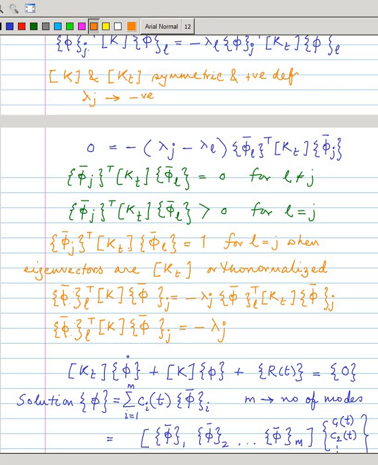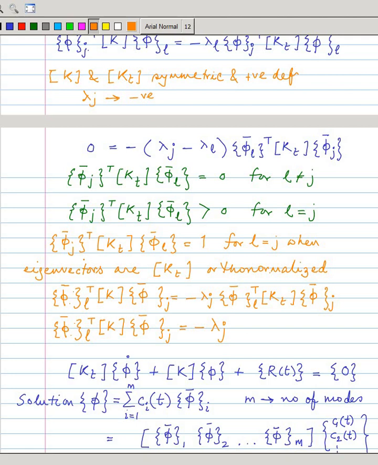Now we know that if this is orthonormalized, this is equal to 1 for L equal to J, and this is equal to minus lambda j for L equal to J, and for L not equal to J, this is also 0. So again I am repeating, if J is equal to L, then this is 1 because this is KT orthonormalized, but this is not K orthonormalized.